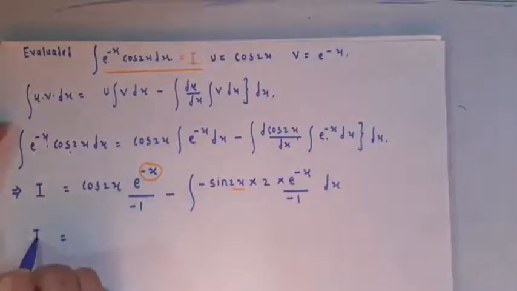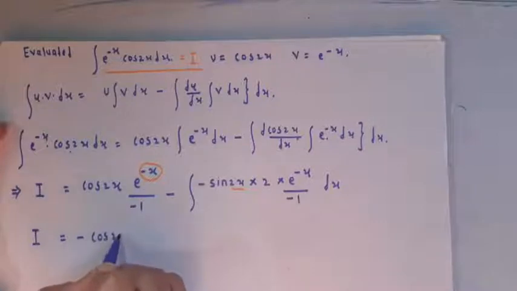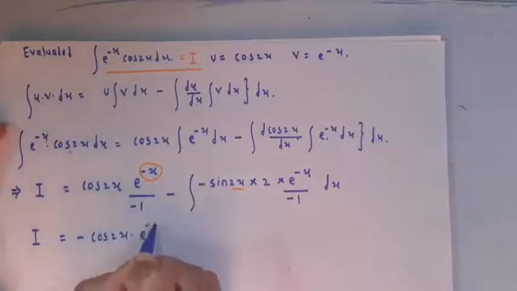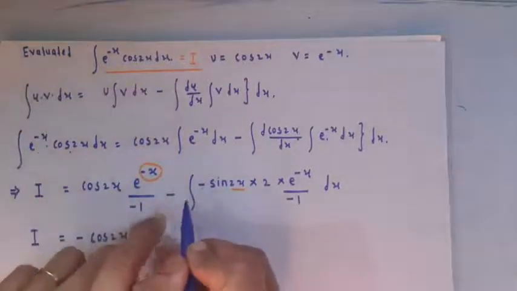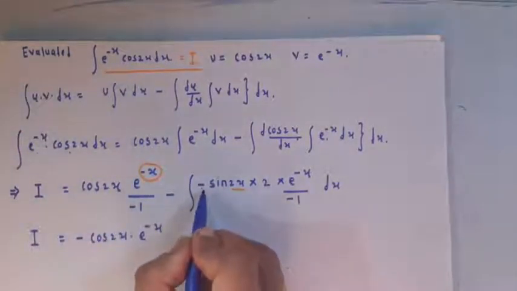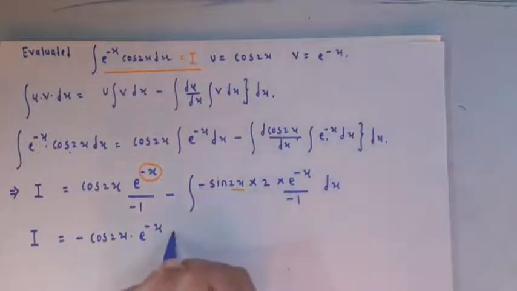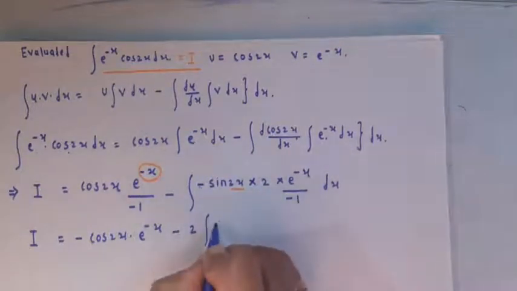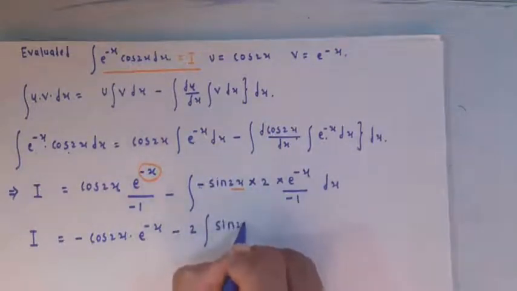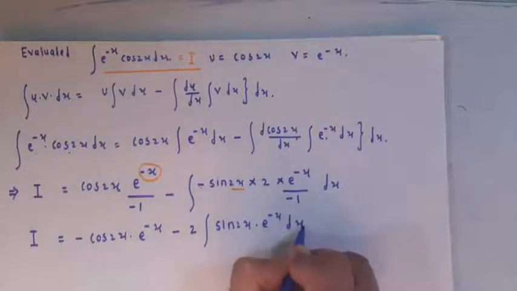That's why I equals minus cos of 2x into e raised to minus x, minus becomes plus, and plus again into minus, so this is minus 2 as a constant, take it outside, and into sine of 2x into e raised to minus x with respect to x.